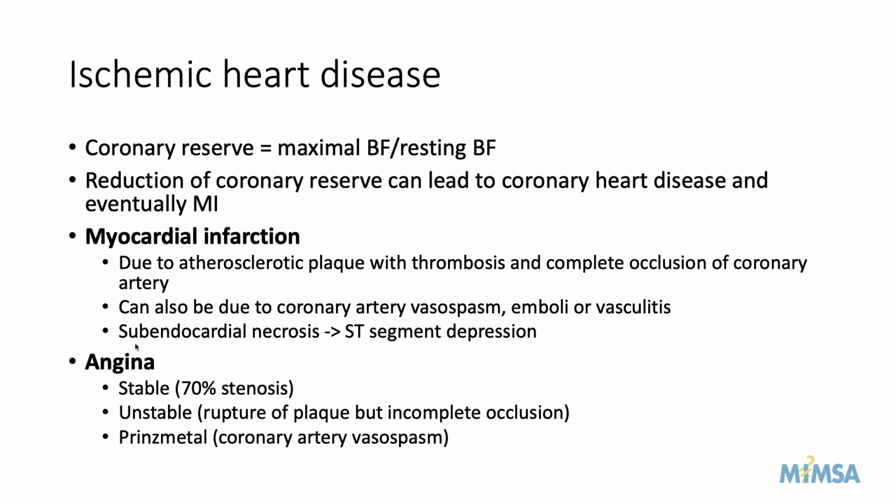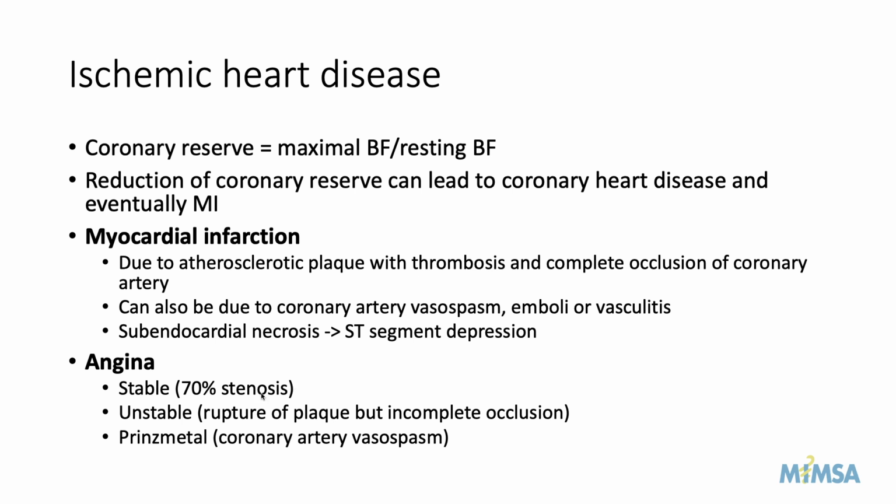And you also have angina, which is also ischemia. Basically, you have 3 different types. You don't really need to know this for the physiology exam, but I thought I'd just add this in. You have stable angina, which means that about 70% of your coronary artery is occluded. You're not able to notice it unless you start doing exercise, and then you'll start feeling heart pain.